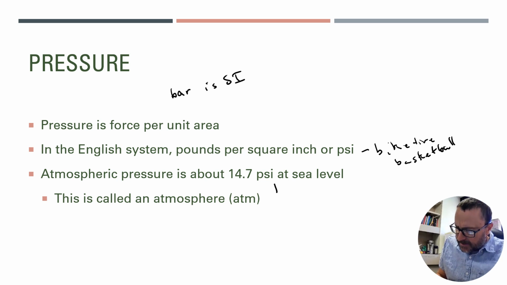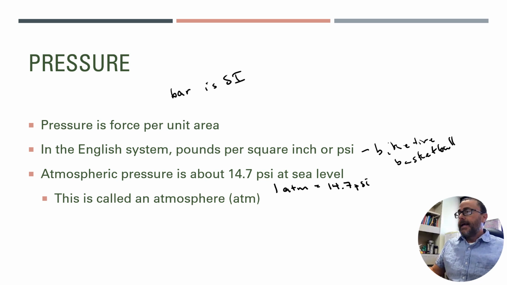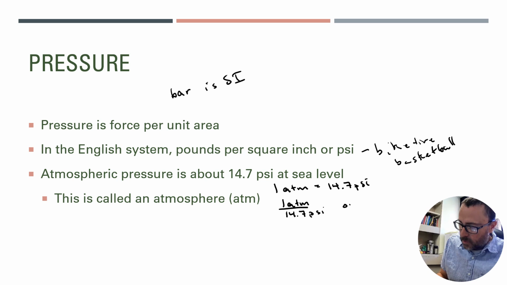Another way of saying that is that one atmosphere is equal to 14.7 pounds per square inch. And if we are remembering, that means that we could use this as a conversion factor as one atmosphere per 14.7 psi or 14.7 psi per one atmosphere.